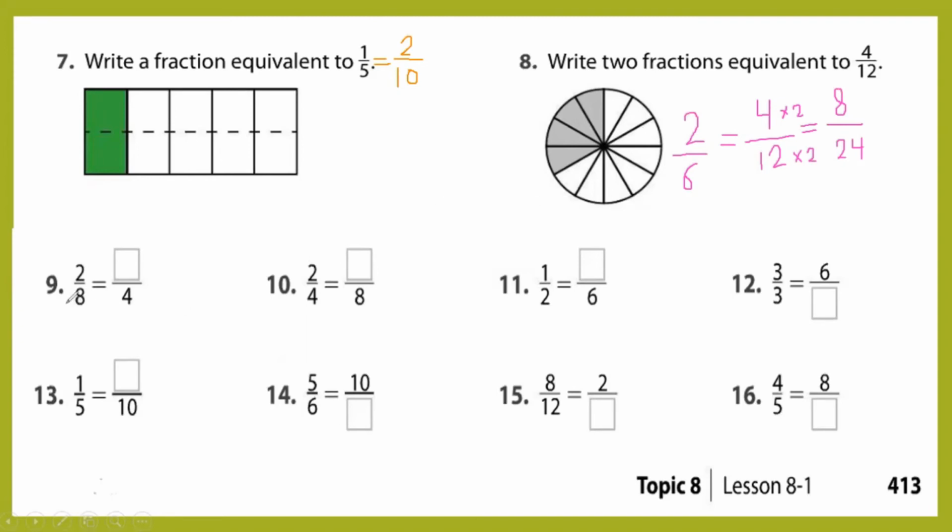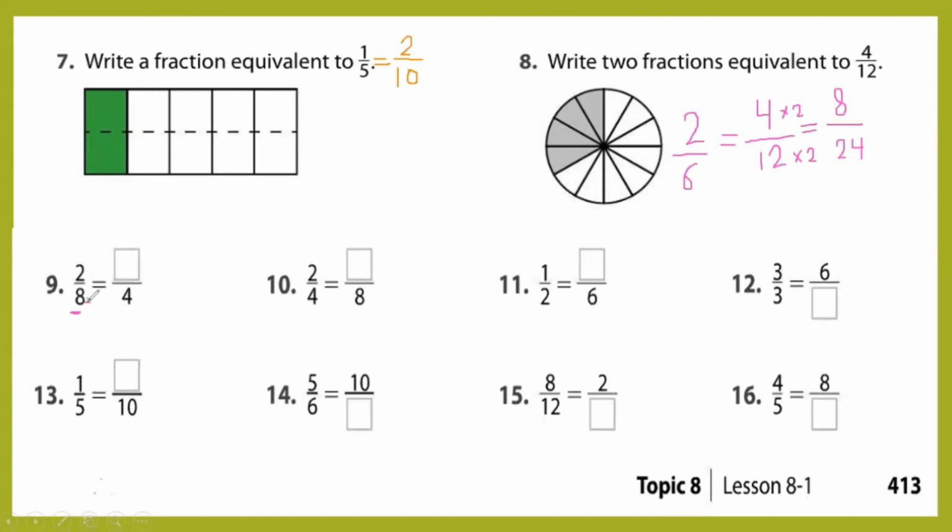Number 9, 2 out of 8 equals what out of 4? Look here. I want to change 8 to make it 4. How, teacher? How can I change a big number to make it a small number? Just divide. 8 divided by what equals 4? 8 divided by 2.